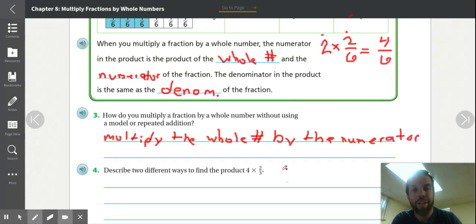And then what happens to our denominator? We would use the same denominator as our fraction. So just say, and use the same denom. And denom stands for denominator.